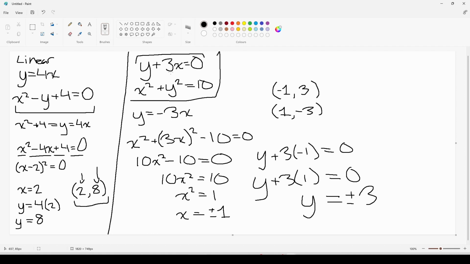And with those two numbers for x, we sub them back into our first equation, which then gives us two different points here of -1, 3 and 1, -3.